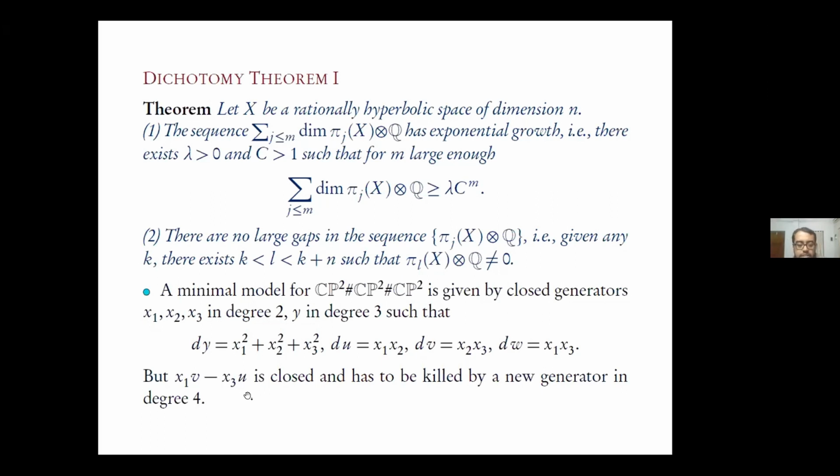And that is one explanation for why you need a lot of generators in the minimal model, even beyond the dimension, for this kind of thing, which hopefully explains why you expect this to be rationally hyperbolic. Okay. But anyway, this is just a quick glimpse of how you do the computation, but computing this by hand would be pretty tedious at best.